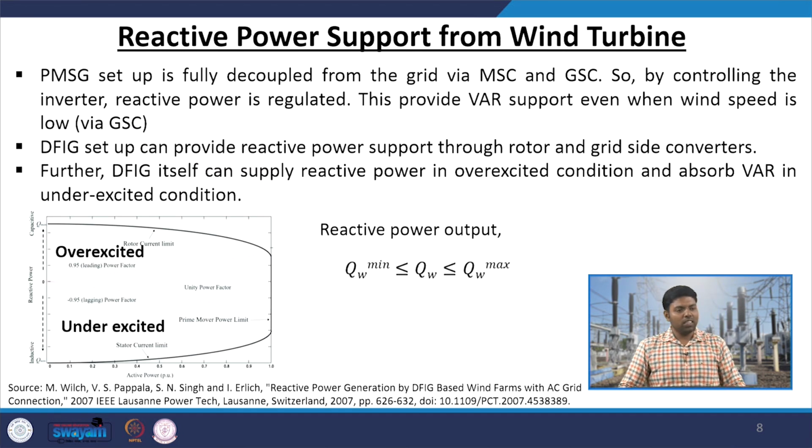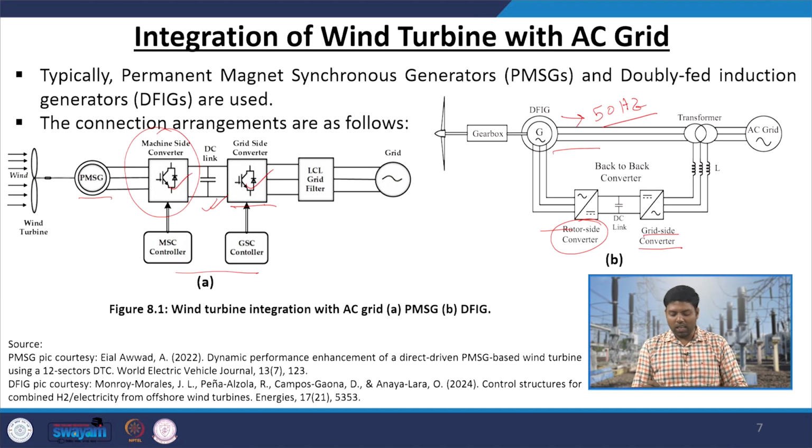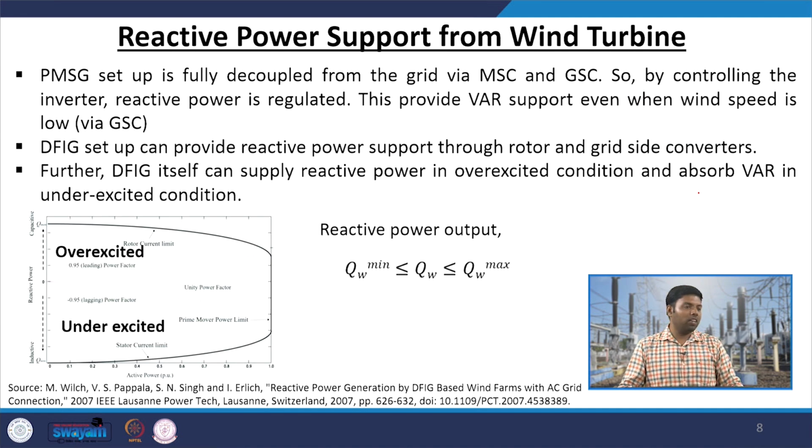For the DFIG setup, the rotor circuit's reactive power support concept is the same. That means you have a grid side converter or grid side inverter. Similarly, with the lagging or leading power factor capability, you will get your reactive power support. But the DFIG machine itself can also give you reactive power support directly from its stator to the grid.